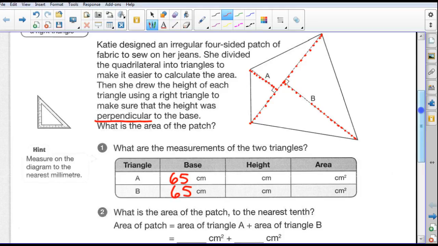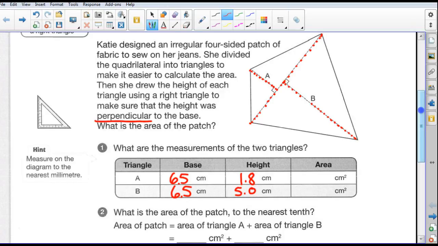The only difference is the height. So the height for triangle A, I measured at 1.8 centimeters. I measured it in millimeters, so it's 6.5 centimeters. And the height for triangle B is 5.0 centimeters.